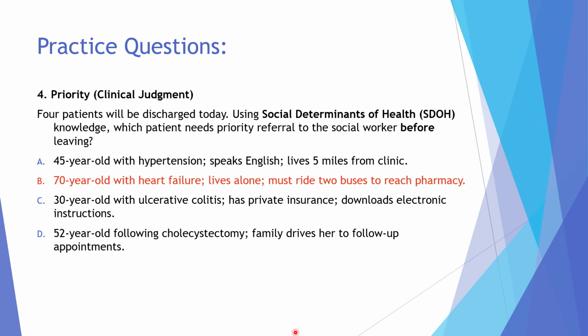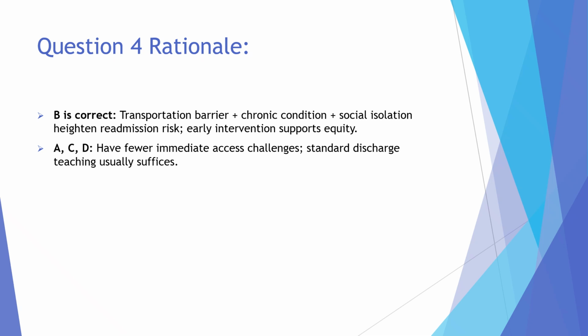A 70-year-old with heart failure lives alone, must ride 2 buses to reach the pharmacy, right? It's like, wow, lives alone and 2 buses to reach the pharmacy. So B is transportation barrier plus chronic condition plus social isolation.